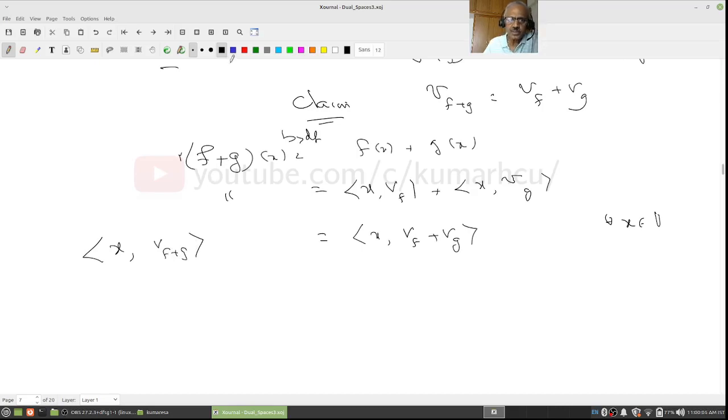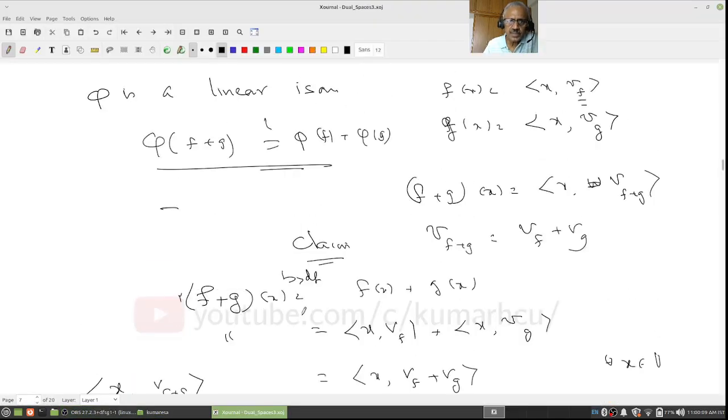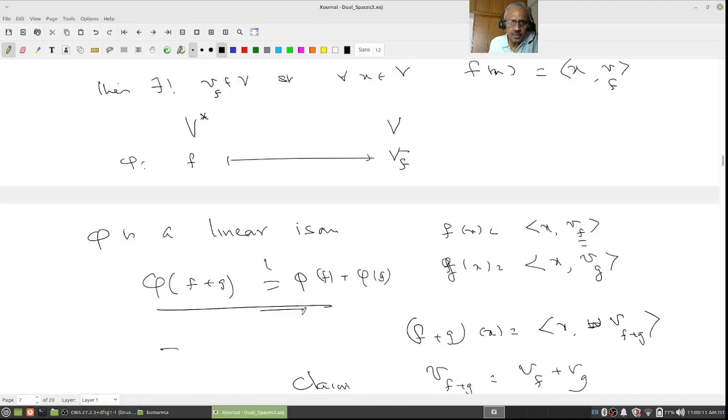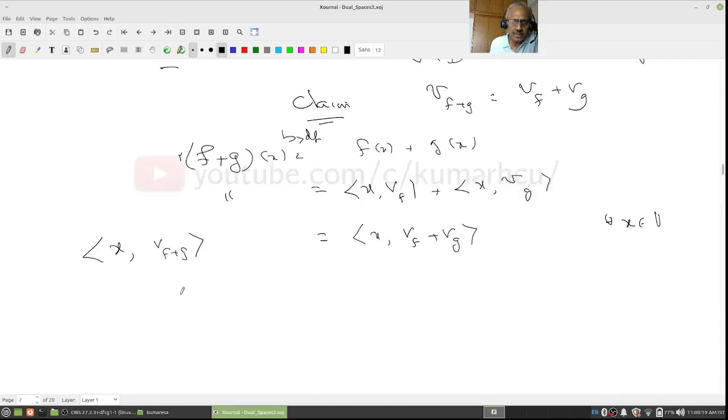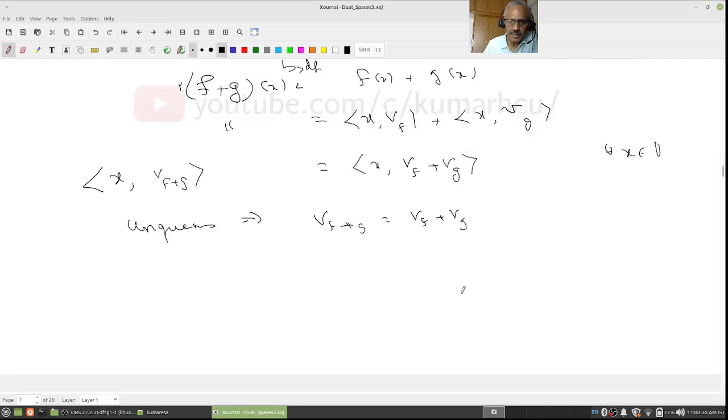Where does f plus g correspond to? It will go to v of f plus g. But there is a uniqueness part, which implies v of f plus g is v_f plus v_g.